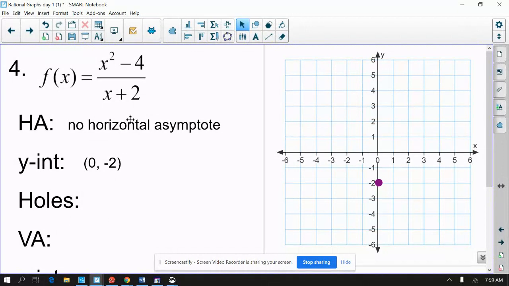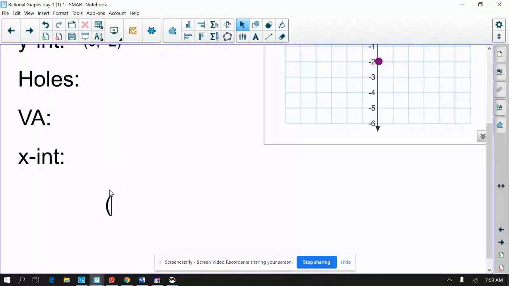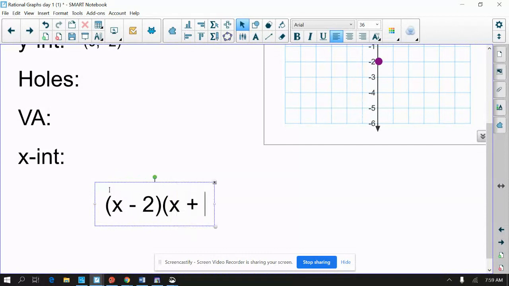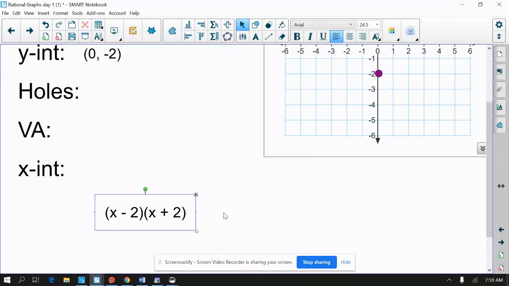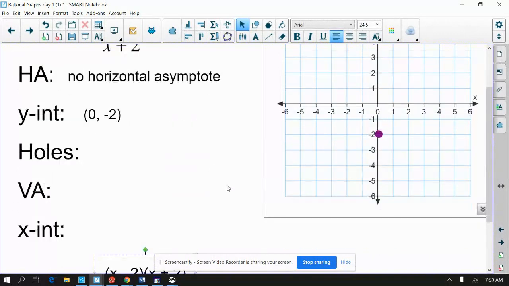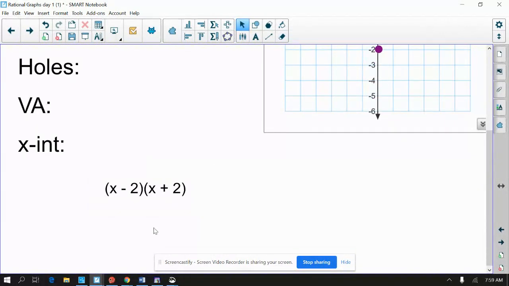Okay. Holes and vertical asymptotes. Well, I have to factor. Clearly, x cannot equal -2. So there's a point of discontinuity when x equals -2. But the top factors into x minus 2, x plus 2. The denominator is already factored. It's prime. The denominator is just x plus 2.